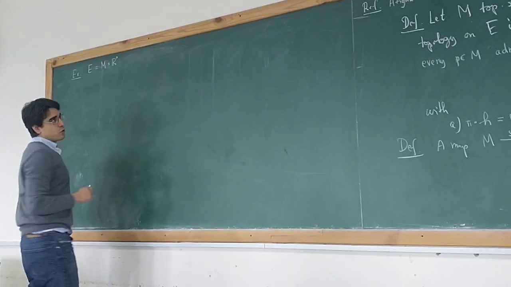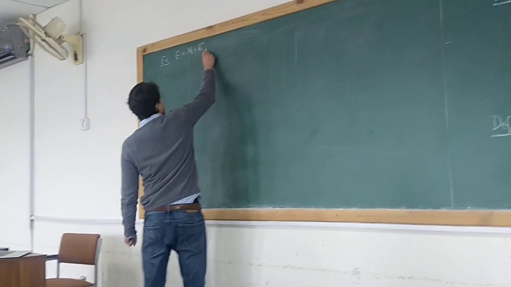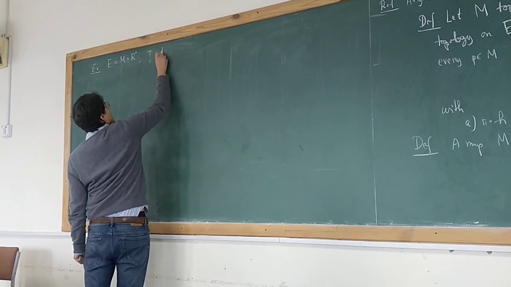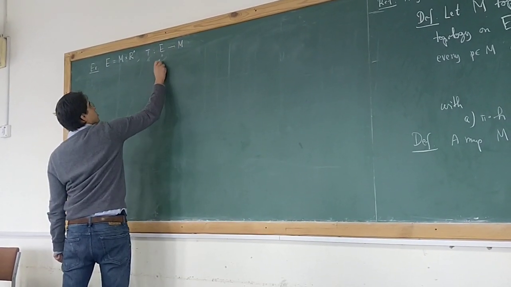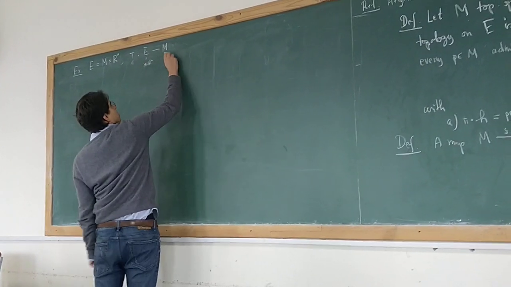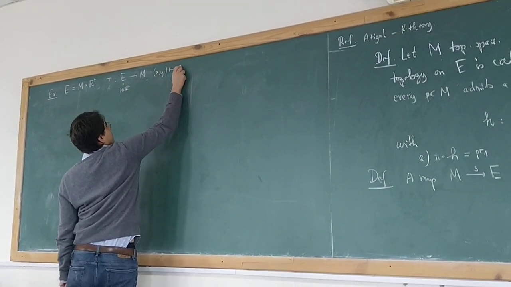And then to get the vector bundle, we have to provide the projection π from E to M. Well, E is just M cross Rn, so we just use the projection onto the first component.